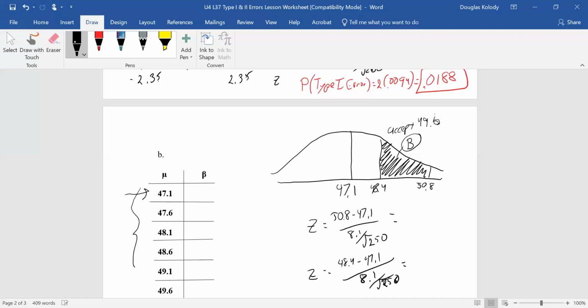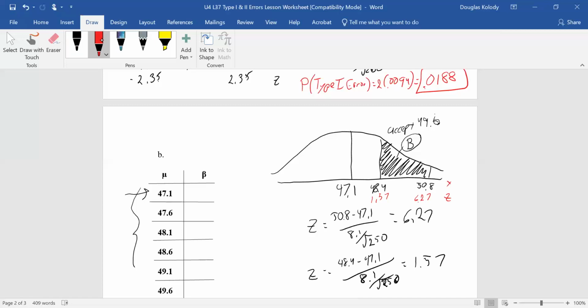And you're going to get two z-scores. You're going to get 1.57, and you're going to get 6.27. Okay, so let me write that there. 1.57 and 6.27. Those are the z-scores.